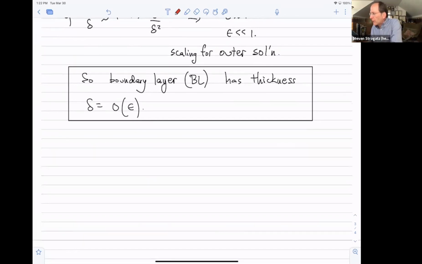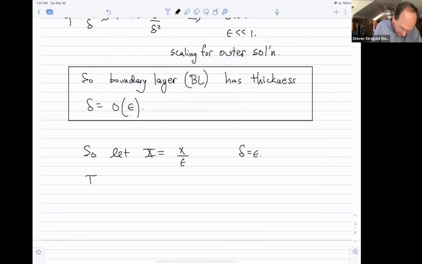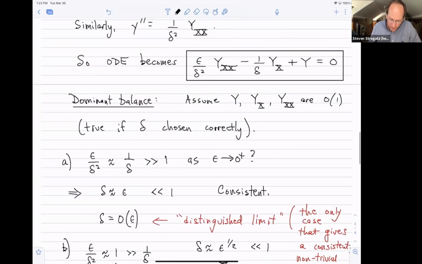Now, what does that do for us? So we're going to let our inner variable just be x over epsilon. That is, we're choosing delta equals epsilon. And so with that choice, the inner equation becomes, let's go back to it. It was written up here in this box.